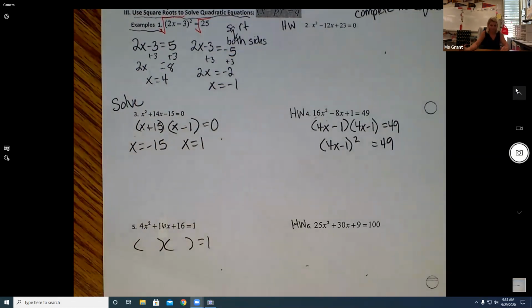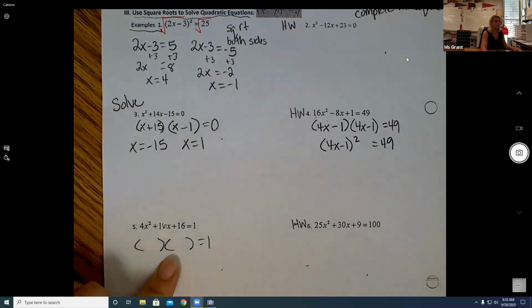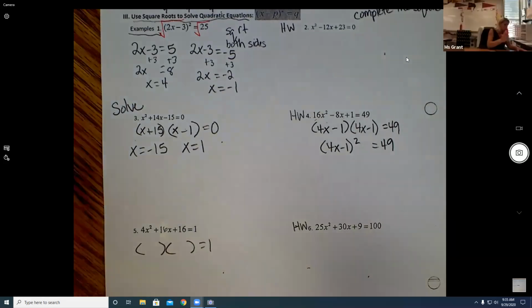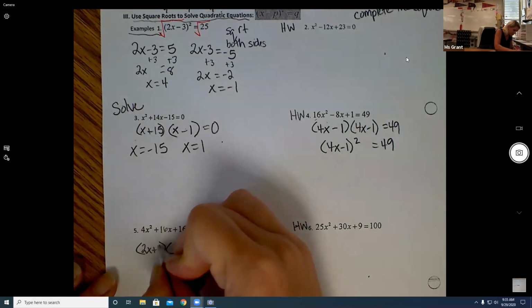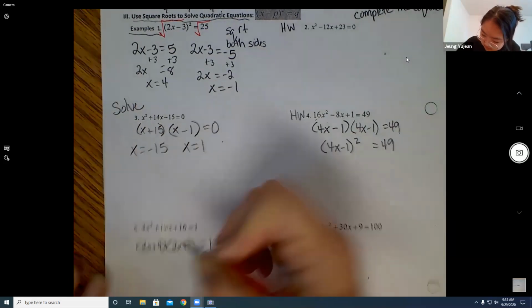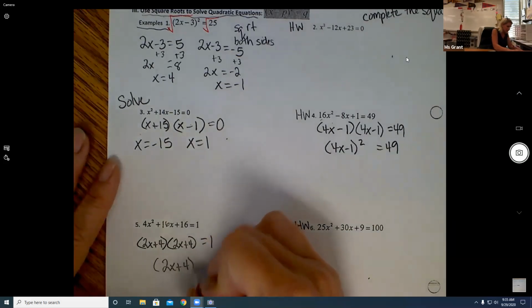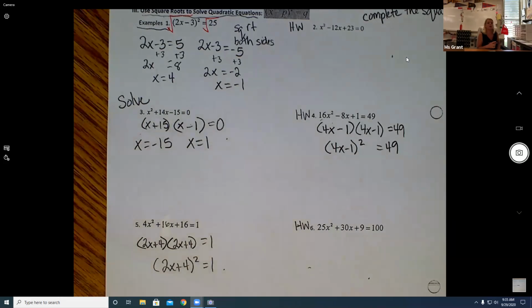Because it can. 2x plus 4. 2x plus 4. Very good. Then you rewrite it, 2x plus 4 squared equals 1, and you square root both sides.